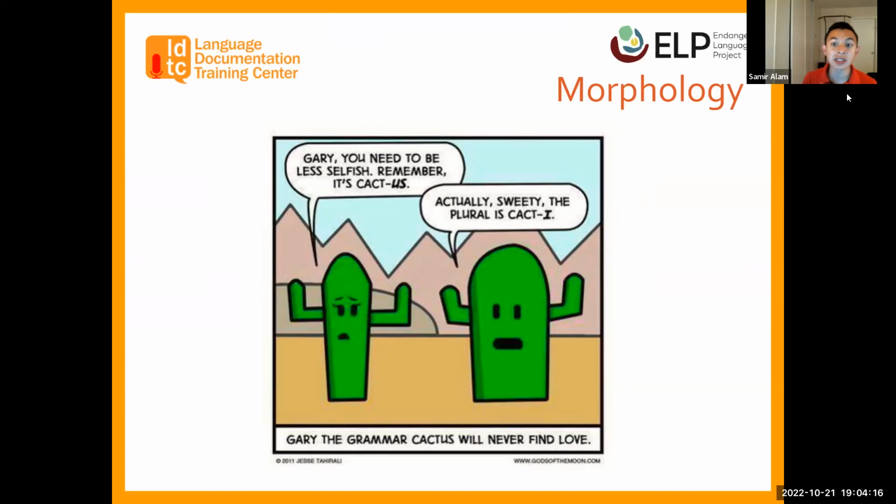So all languages have some sort of morphology where you create bigger words from smaller morphemes. And the process of describing how languages do this is what we're going to be going over today. Because the language of the webinar is English, we're going to be using English as our example for talking about morphology, but we're only going to be talking about a very limited set of morphological rules. We're going to be talking about English as our case study just to get us started to think about how we approach morphology as a whole.